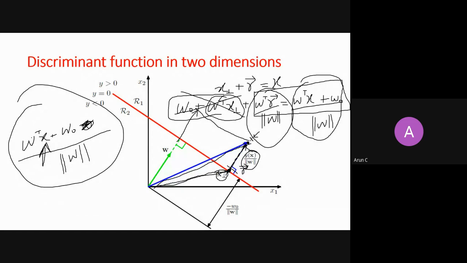If it is above the hyperplane, then it will give you a positive distance. And if it is below the hyperplane, it will give you a negative distance. So in short, if you are interested in knowing how far you are from the hyperplane, you just feed your X into the equation of a hyperplane and normalize it. You will get the distance from the hyperplane.